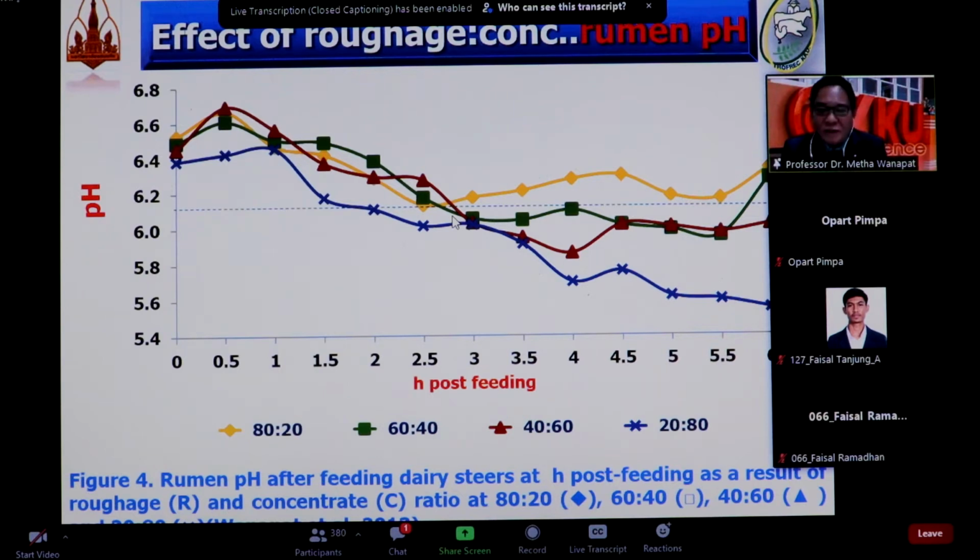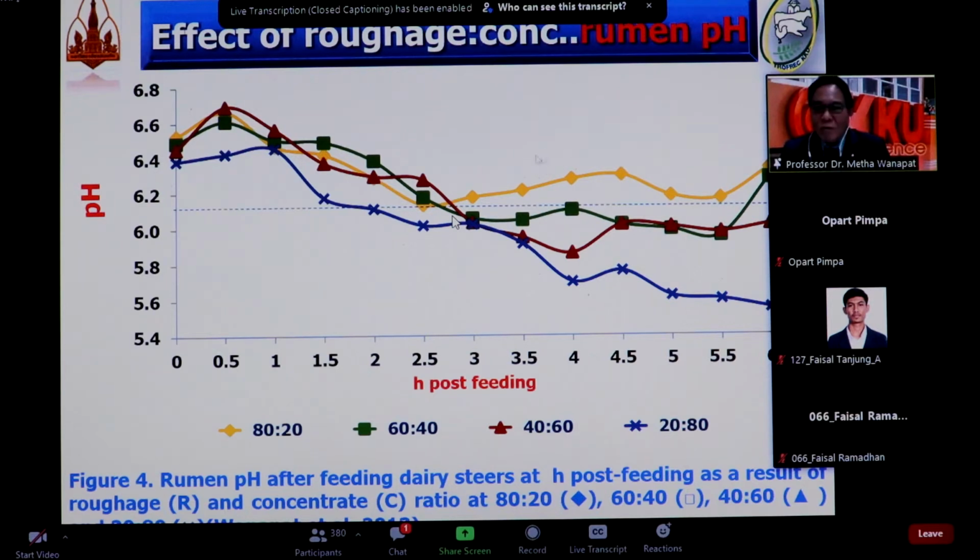This is done through manipulation of the feed ration, for example the ratio of roughage to concentrate, to find where it would be most suitable and efficient. The common ratio has been shown to be like 50 to 50 or 60 to 40.